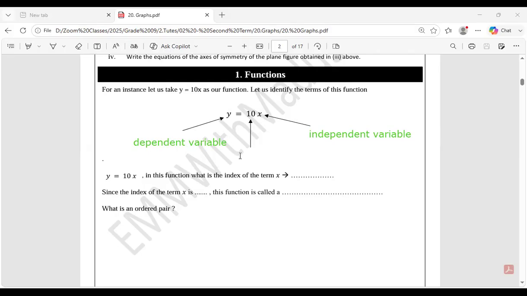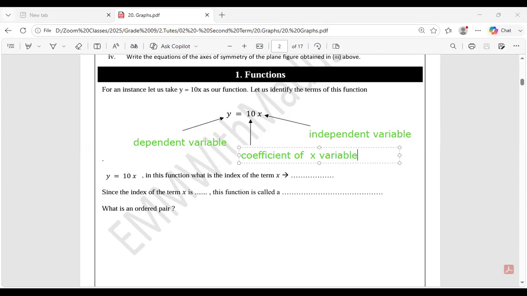Well, this 10 is called a constant value, right? Or we can say the coefficient of the x variable.